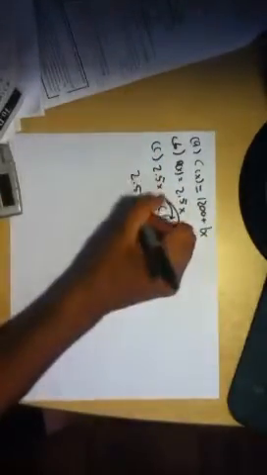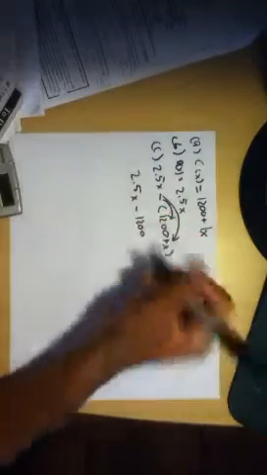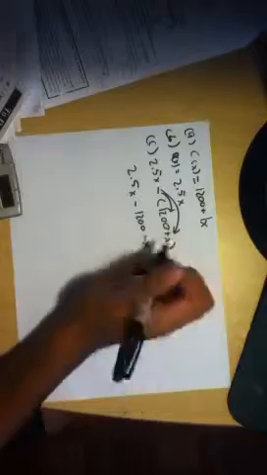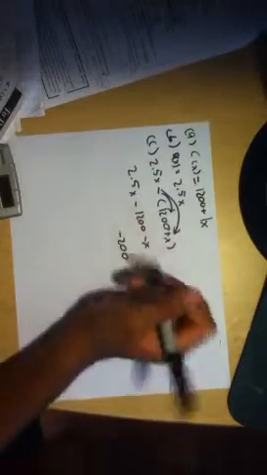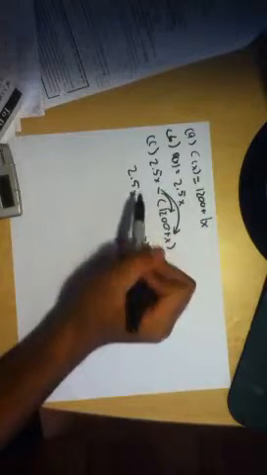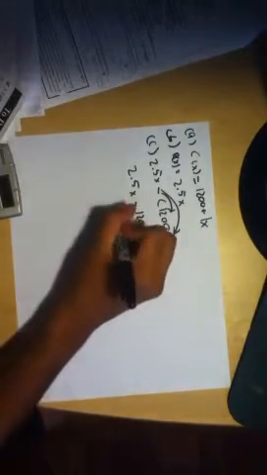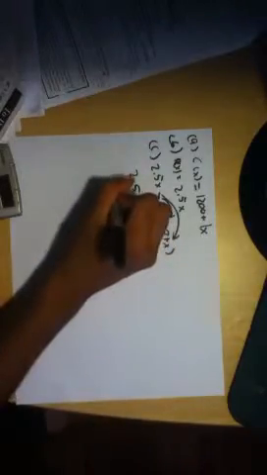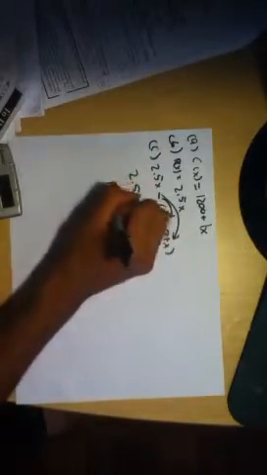So then we would get 2.5x minus 1,200 minus x. You can't combine the 1,200 with anything, so that stays the same. Subtracting x from 2.5x, you get 1.5x. So that is our profit function.